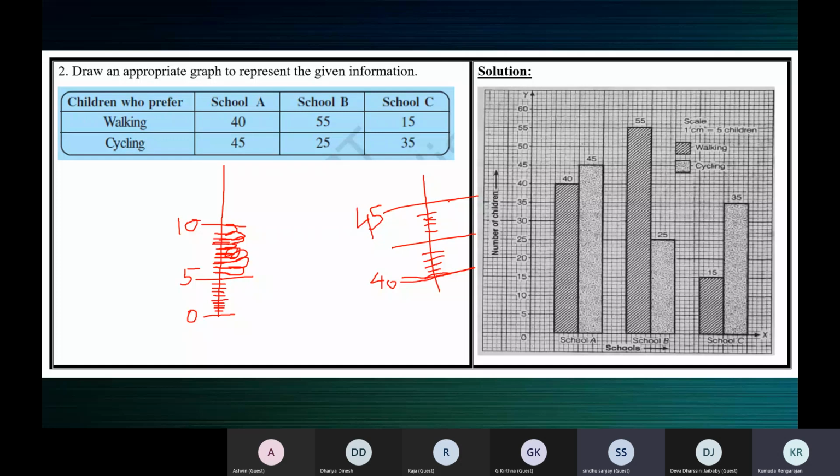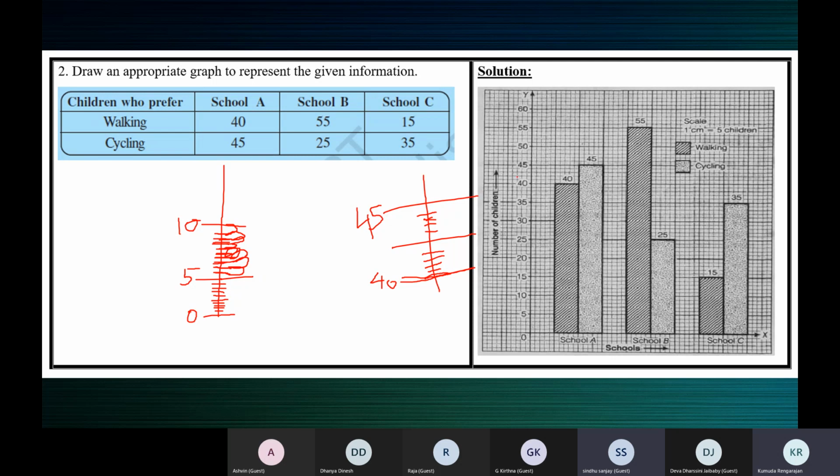Ma'am, but in the graph sheet, after 0, there are only 5 lines, ma'am. In the solution graph sheet, ma'am. Yeah, that's what I'm saying. In the graph which you see on the screen, between 0 and 5, they have shown only 5 lines. But in your book, you will have 10 lines.